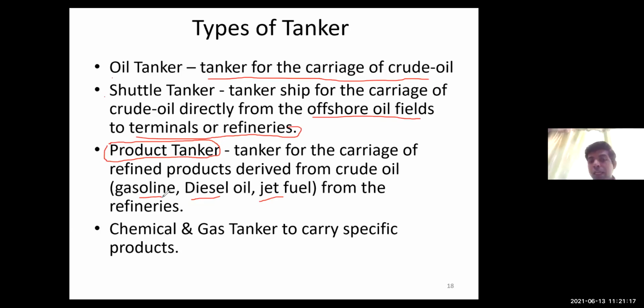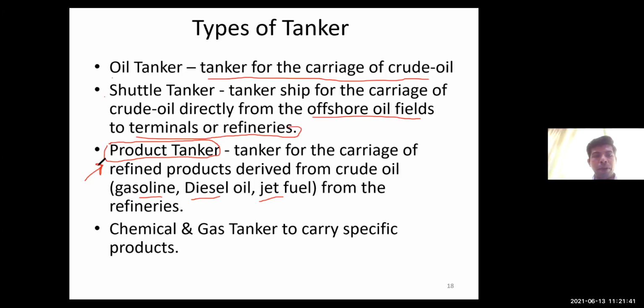So basically these are the finished, refined products. The products of crude which are carried in a particular tanker are called a product tanker, gentlemen.